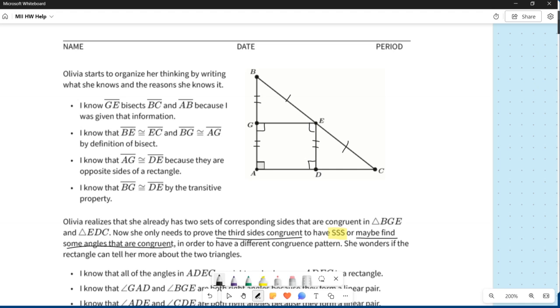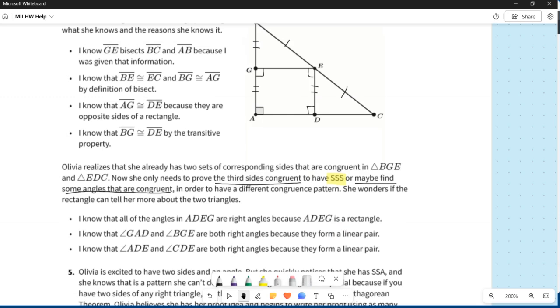The definition of a rectangle is that it's a quadrilateral with four equal angles. And because the sum of the angles of a quadrilateral is 360, the only way that can be true is if each angle is 90 degrees, which is a right angle. So the definition of a rectangle is that it has 4 right angles.